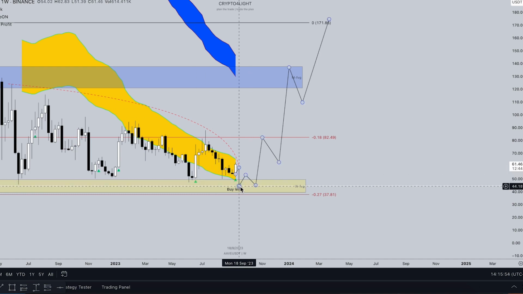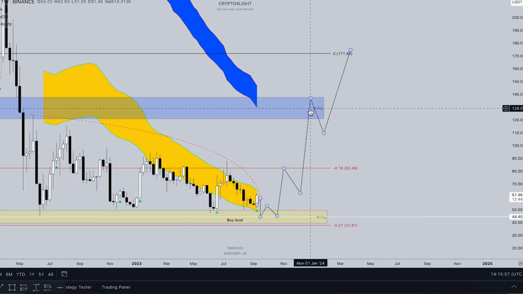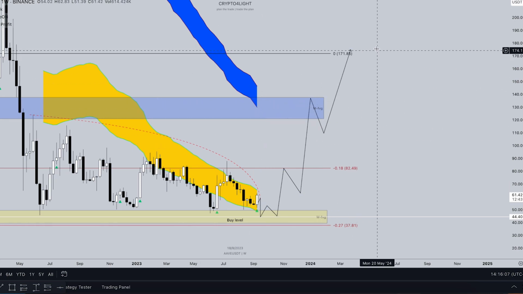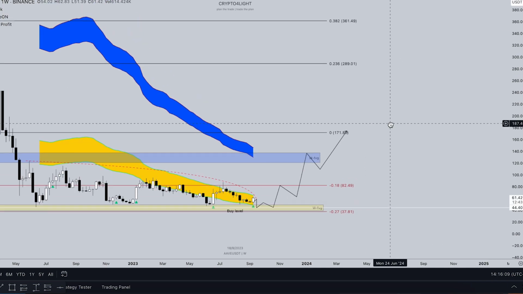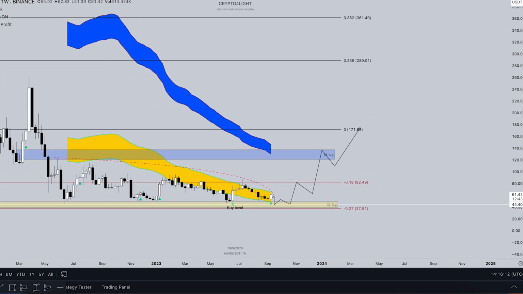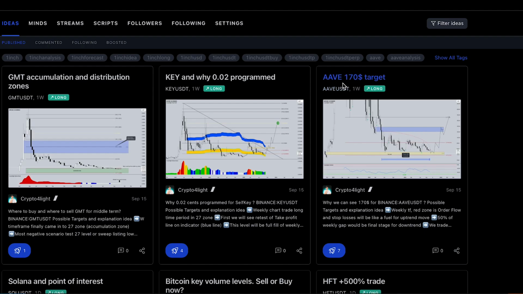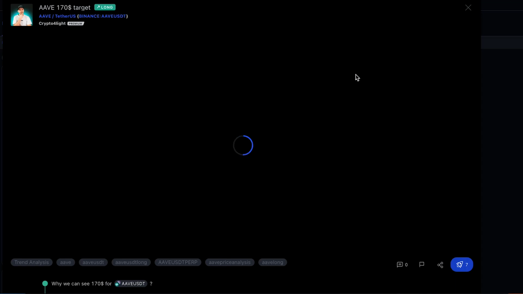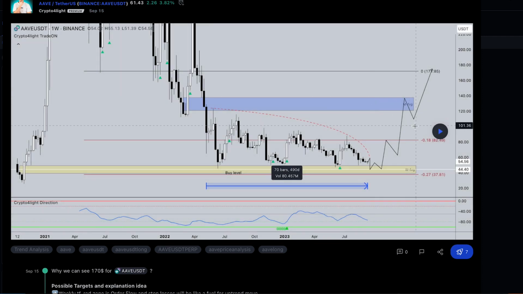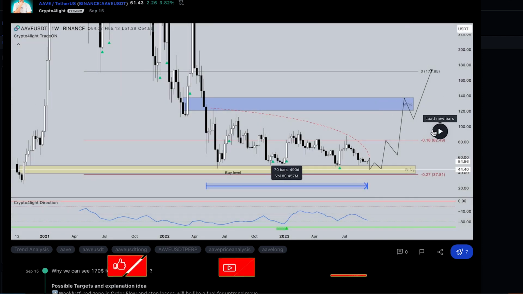It would be good to see this test, and then the road will be open to close 50%. First target, 50% of this range, is $129. Take profit, rejection, retest, and going higher to the 0 level, and moving much higher to the 61 or even all-time high levels. Track this main idea on TradingView, so we'll see how it plays out in the next few weeks or months.